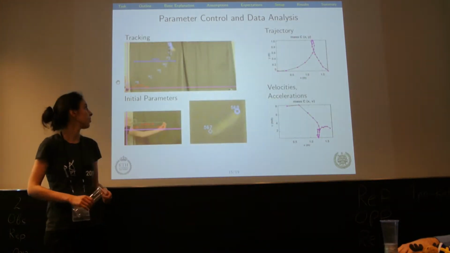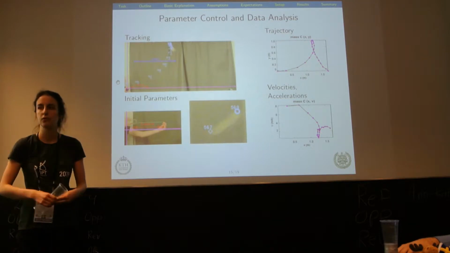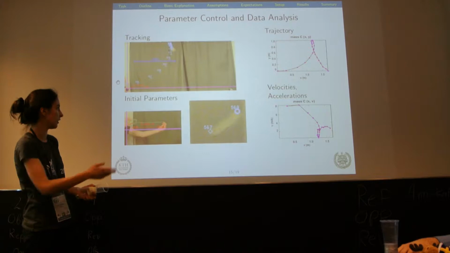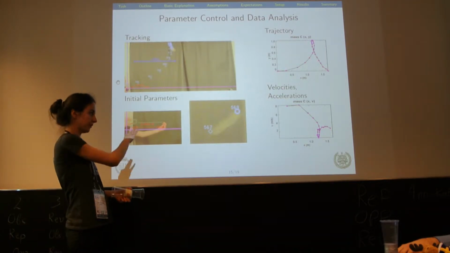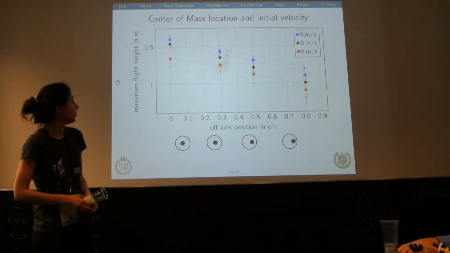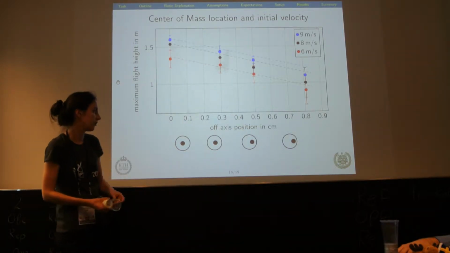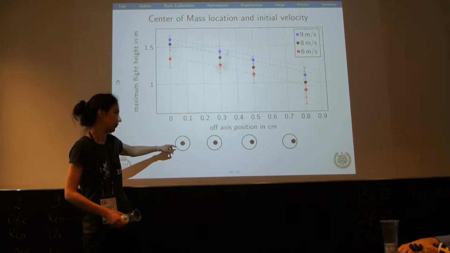And for the parameter control analysis, we used the simple program Tracker, where you can just track things in videos and get all the parameters you want out of it. So for the results, here in the graph you can see we vary the off-axis position in centimeters.